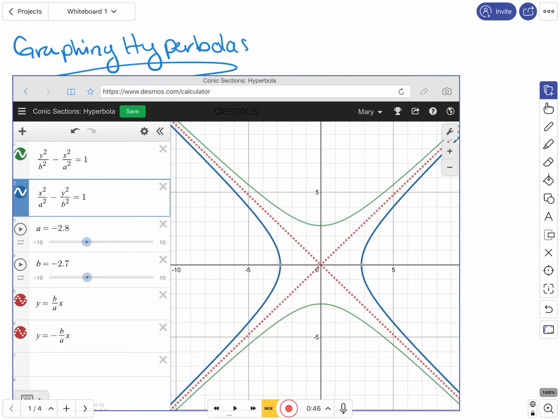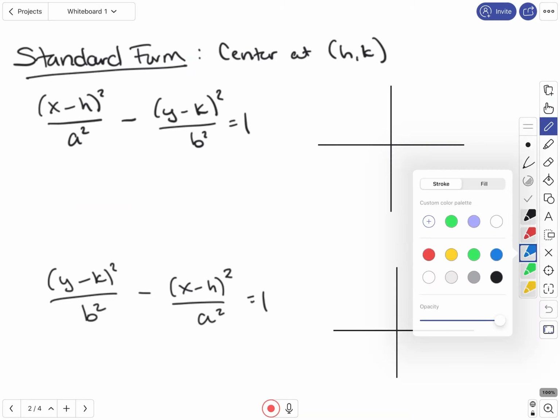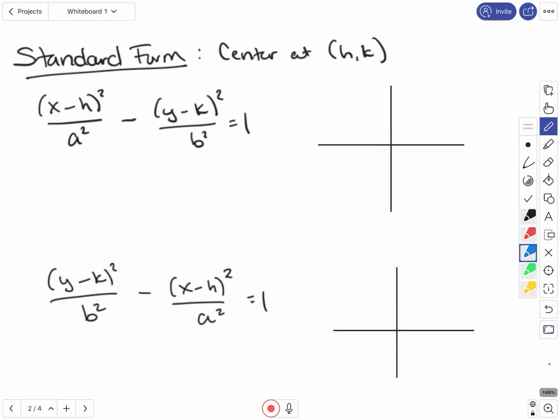So let me show you how you're going to come up with this set of graphs for hyperbolas. So let's go to the next part. Standard form. Just like all of our other conic sections, ellipses and parabolas, hyperbolas have a standard form. If the x squared is first, then this set of graphs will hug the x-axis.